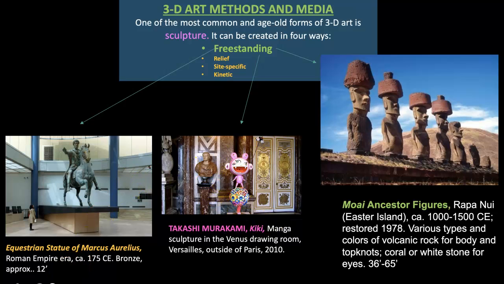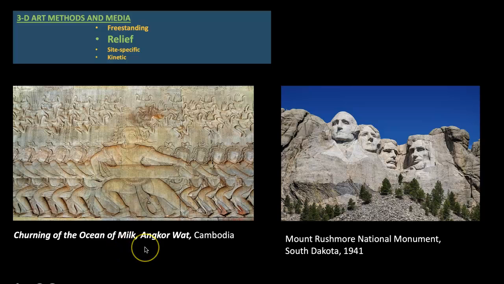Let's pivot to an example of a relief sculpture. Also something we've met before already, an example of art from present-day Cambodia. Churning of the Ocean of Milk, Angkor Wat, is an example of a sculptural relief. Reliefs are carved generally in the face of something, whether stone or wood. You could even sculpt or carve a sculptural relief in a bar of soap, in theory, as long as you have that block upon which you're carving one or more sides.